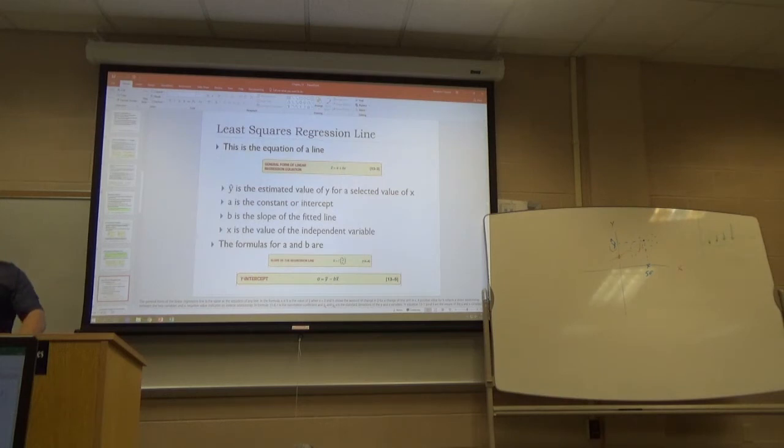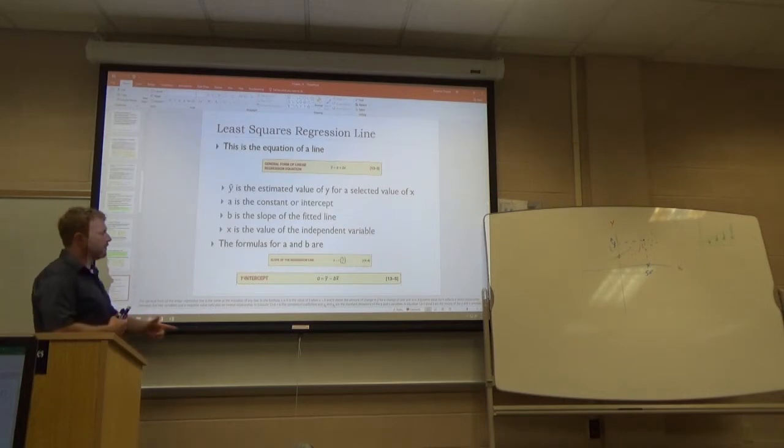Everybody understand what I'm saying here? Yeah? So who can look at these formulas? We've already looked at the formulas. Who can look at these formulas and tell me why we would do B, the slope, first? Why would we solve for B first?